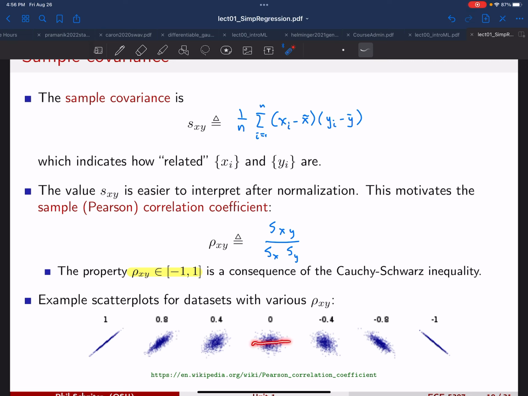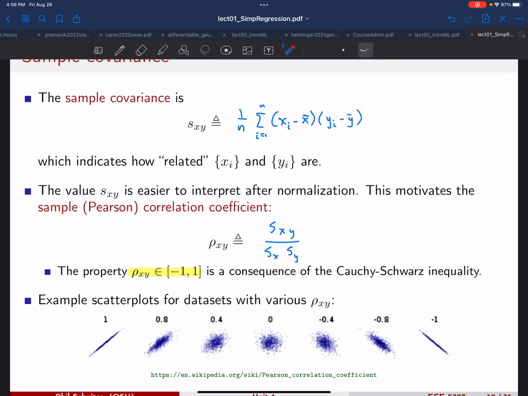Then you get to this point where there's absolutely no relationship between them. If I make one bigger, that doesn't tell me anything about the size of the other. That would be no correlation. You'd say they're uncorrelated. And now, go the other way, they actually have a negative trend. And at this extreme, they're on a line with a negative slope. Okay, so that's the range of how you can get different correlations.